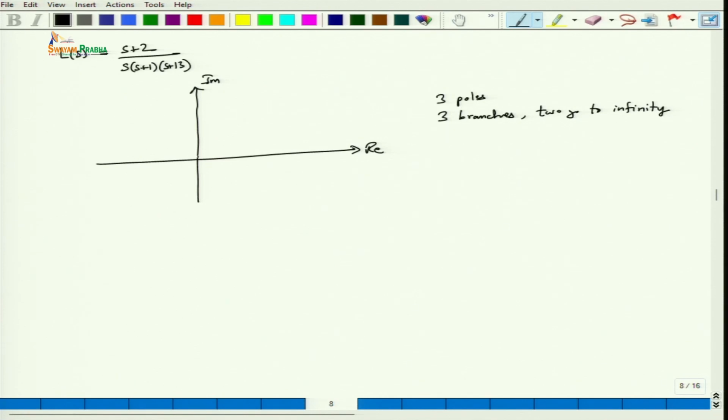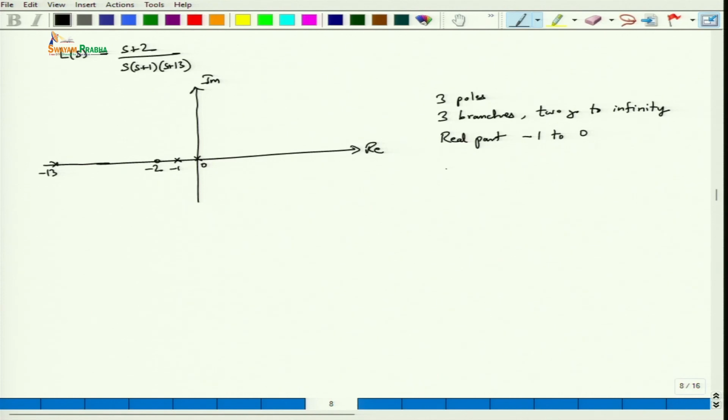So we will start here, another one here, all the way up to here, say this is minus 13, minus 1, 0, and we have a zero here at minus 2. If we consider the real axis, on the positive side there is no pole or zero, so that's not a part of the loci. From minus 1 to 0, that's a part of the loci.